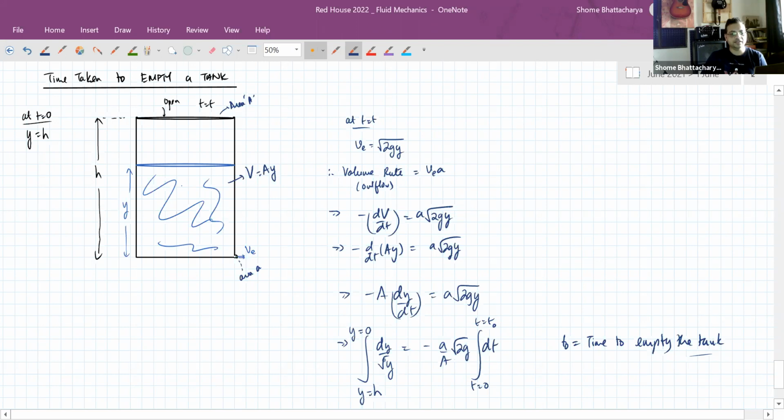So again, you'll get an interesting term which is related to the free fall time through a height h, but that multiplied by a factor, which is capital A by small a. So it's a much larger time compared to the free fall time through a height h.